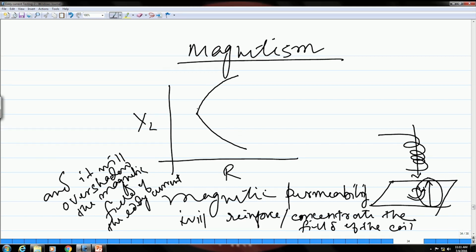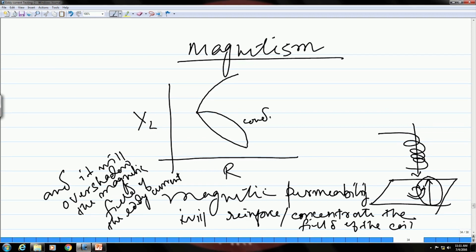In this case, you have seen that you have a conductivity curve like this, and the crack signal was like this.